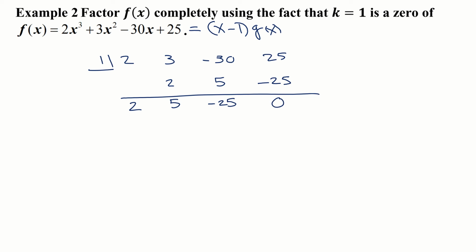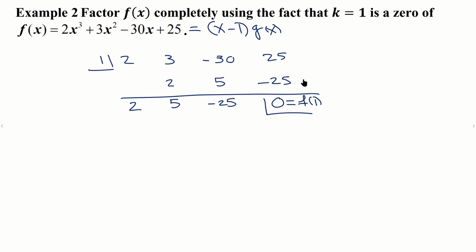Now this should not be surprising, it's just a nice check for us to make sure that we actually did it correctly, because we were given that k equals 1 is a 0. So that means this, which is equal to f of 1, should be 0.